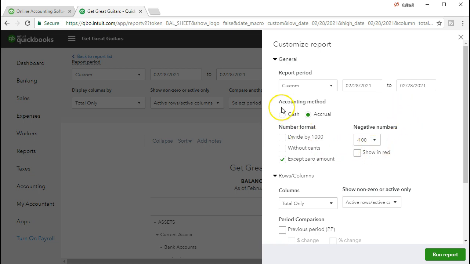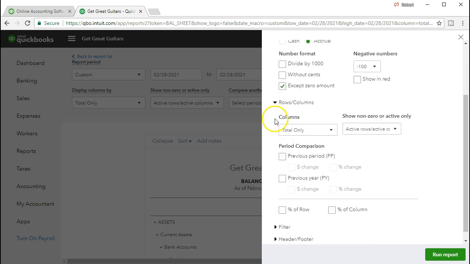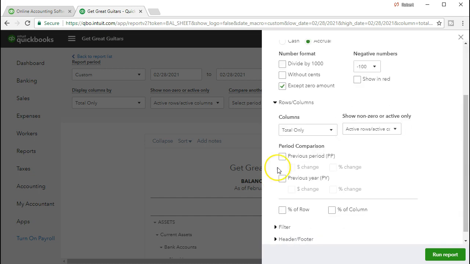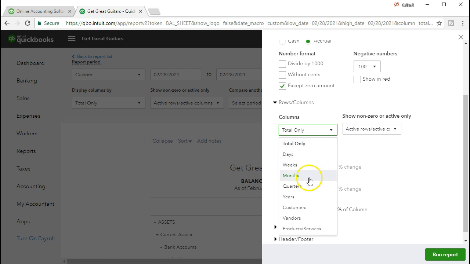So let's see how that works. All of this is going to be the same up top. We're going to select this drop down if it's not selected already, which is rows and columns. And then we have the totals only selected, meaning it's going to take whatever date range we have right now and total it up as of the end date, as of the point in time of the financial statement. We're going to change this to months.